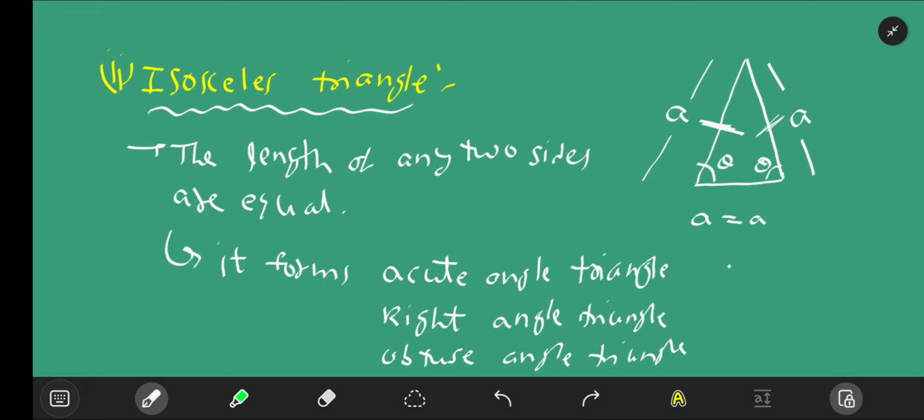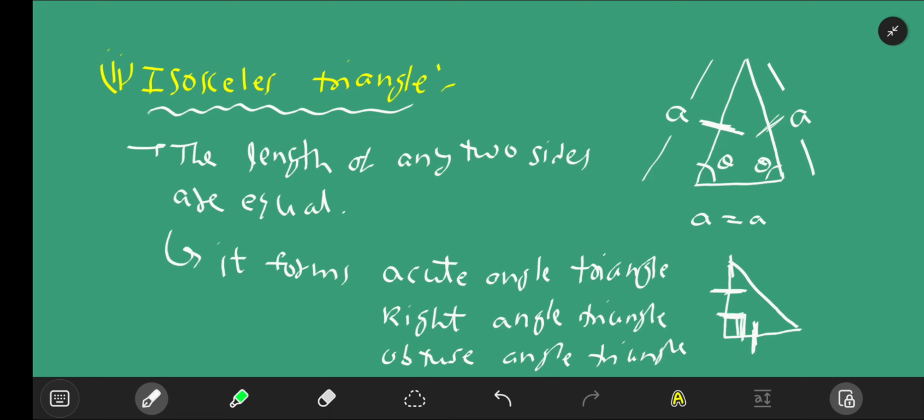If I draw this triangle, here it is 90 degrees. So if I say this length and this length are equal, then this triangle is also an isosceles triangle. These two lengths are equal. So any two sides equal, then that triangle we call isosceles triangle. So this is also isosceles right angle triangle.